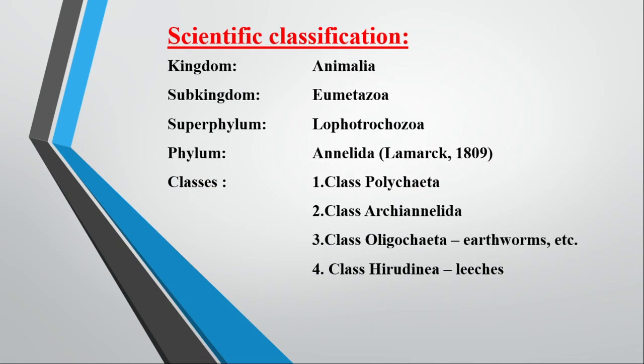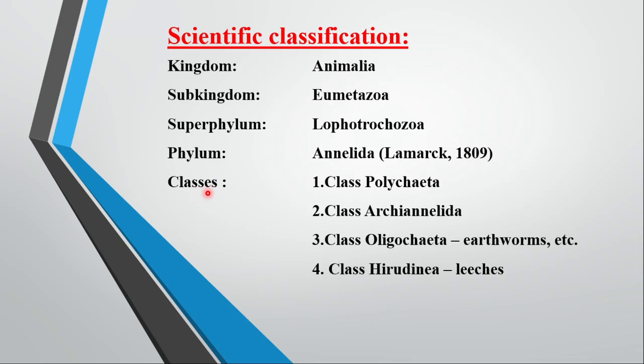See, the scientific classification. Kingdom Animalia, subkingdom Eumetazoa, then superphylum Lophotrochozoa, then phylum Annelida. This phylum was discovered by Lamarck in 1809.